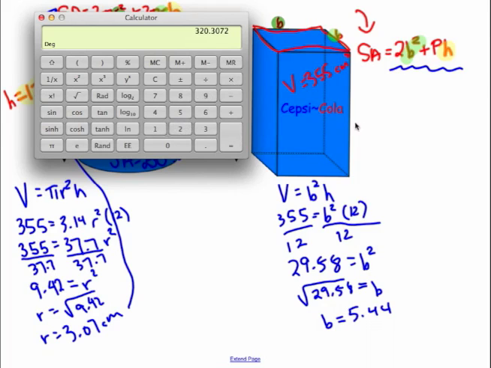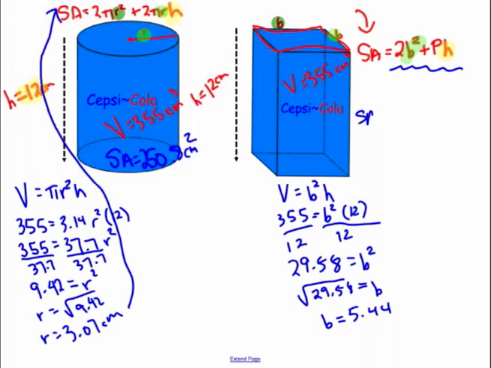Equals, so we get 320, and look at the difference between the two cans. If I find the difference, how much more does this can save?